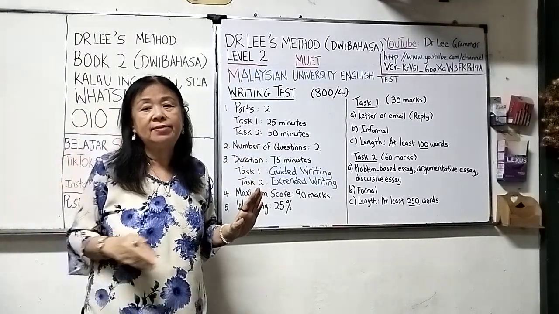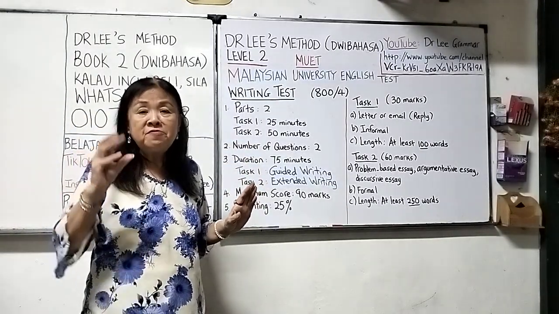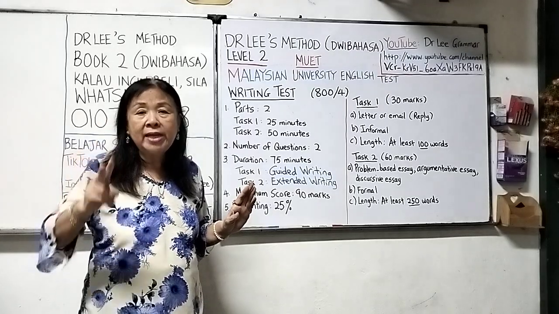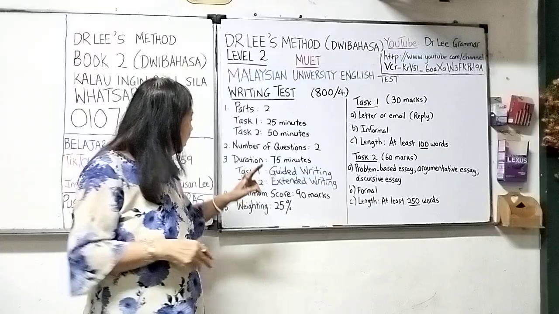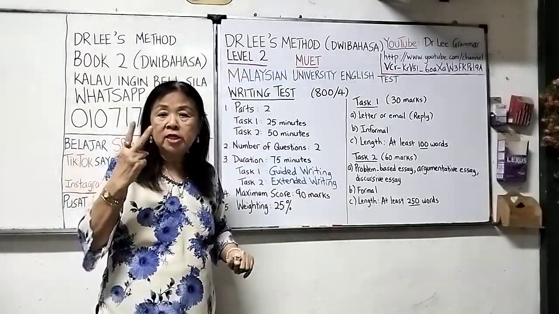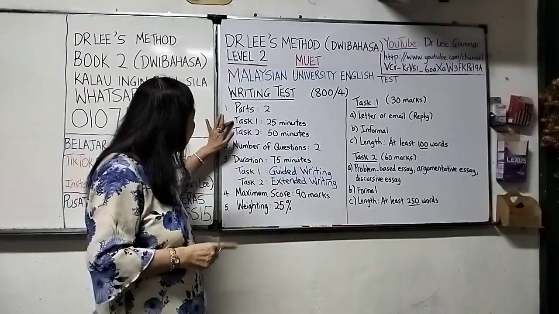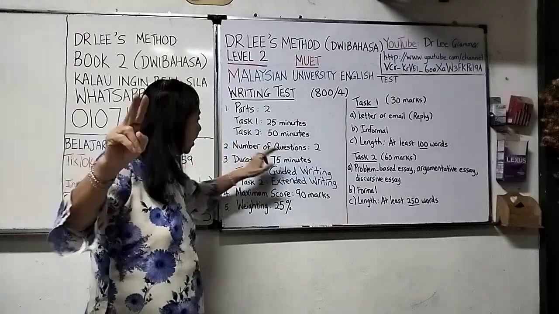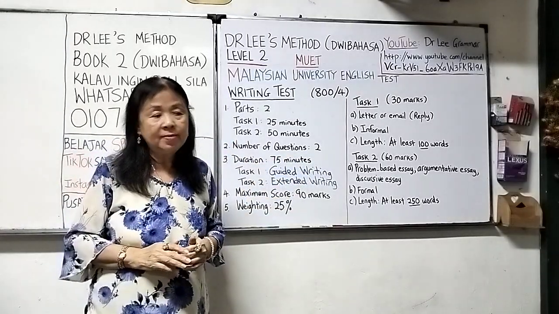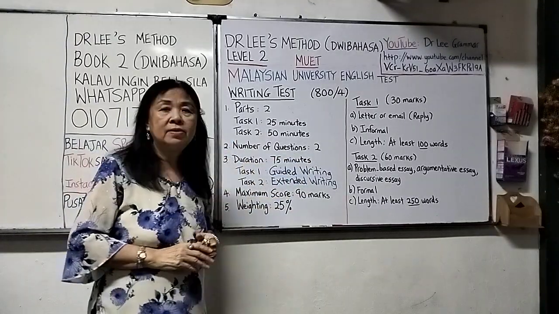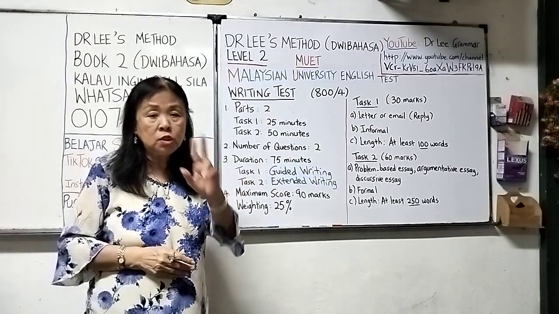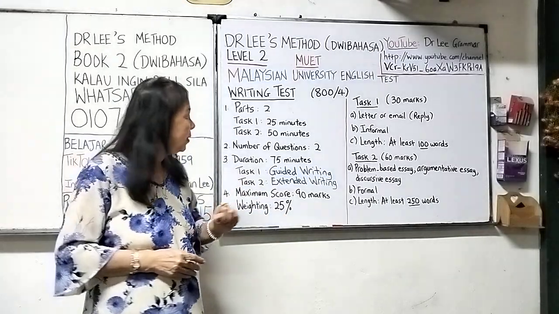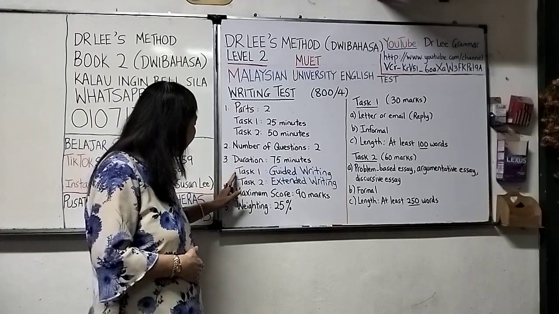So it is suggested that you spend 50 minutes to write your second essay. So all in all, number of questions, there are 2. That is, task 1, you write 1 essay, task 2, 1 essay, so total 2 essays. Okay? Duration, how long? 75 minutes to finish 2 essays.